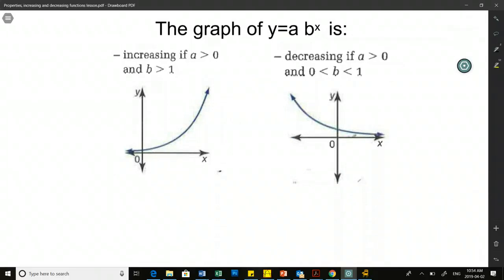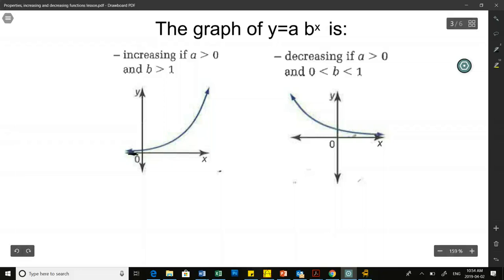Okay, so this is just a little summary of the 4 different types of shapes that your exponential graph can take on. So either it is growth. Okay, so this first one here is the graph of growth. And when your a value is positive, that means that it's growth above the asymptote. So it's increasing toward the right.